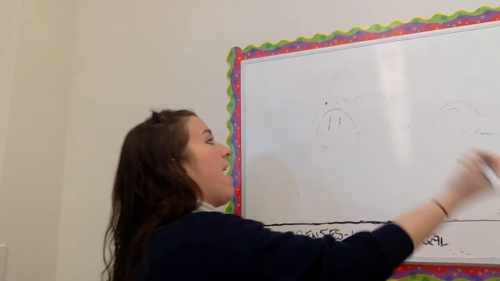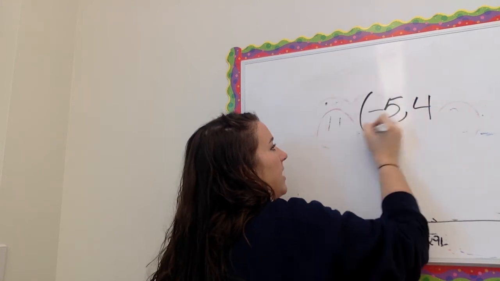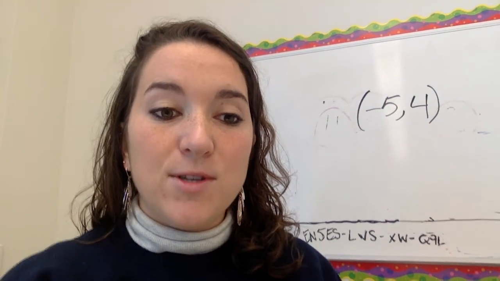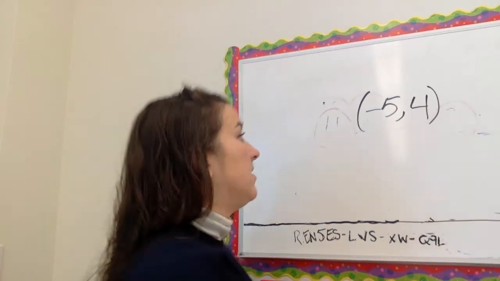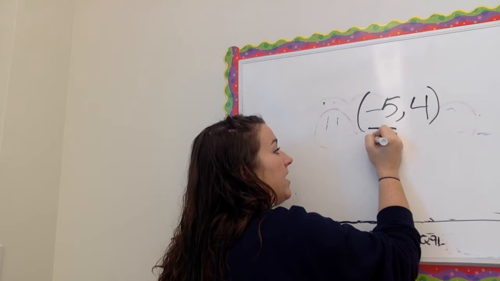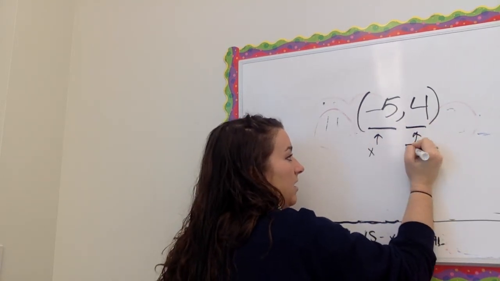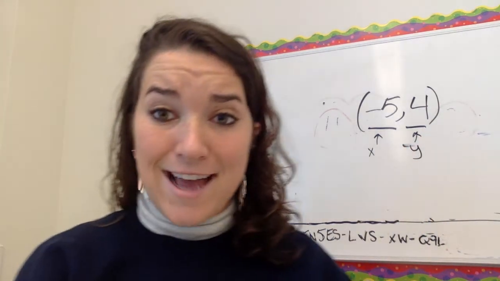So let's look at 2 problems. Negative 5, 4 is our first point. The problem says if negative 5, 4 was reflected across the x-axis, what would the new point be? This is our x-coordinate and this is our y-coordinate, and it's being reflected over the x-axis.